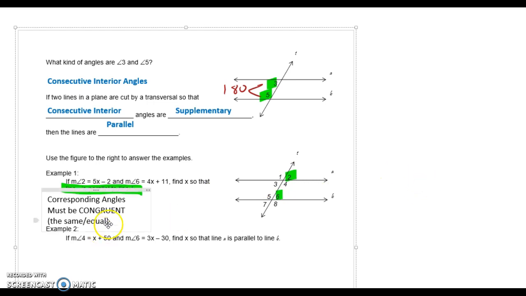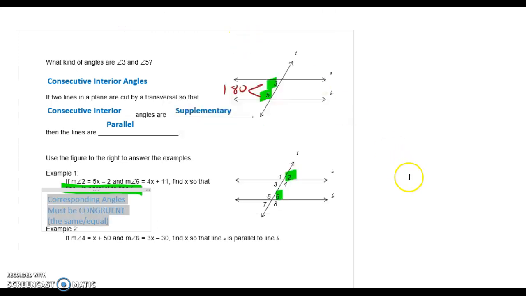So the corresponding angles must be congruent, which means the same and equal. Let's make it a darker color. Now, we're going to put them equal to each other to find out what the x value must be in order to make them congruent.